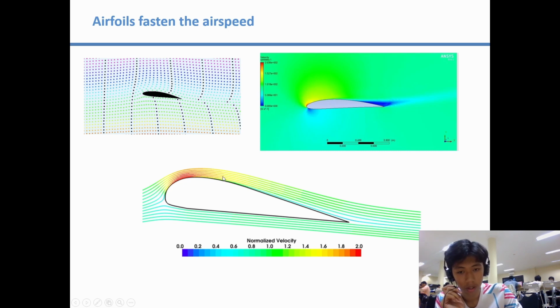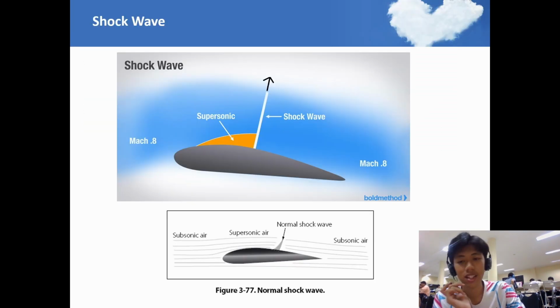But the air will come back, slower, slower, decelerating through this part. You can see that the speed is not as high as here when the air travels along the chord line of the wing. Let's say we fly at, for example, Mach 0.6.